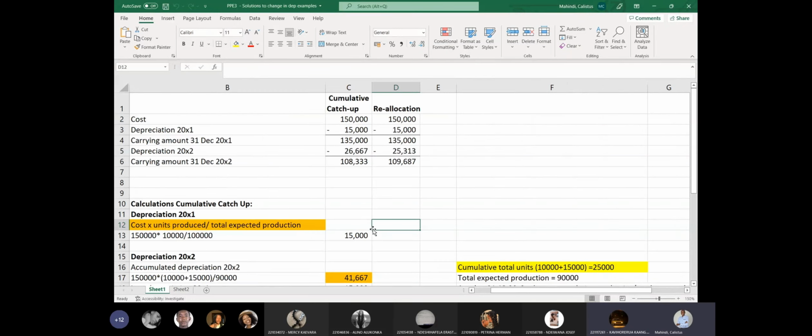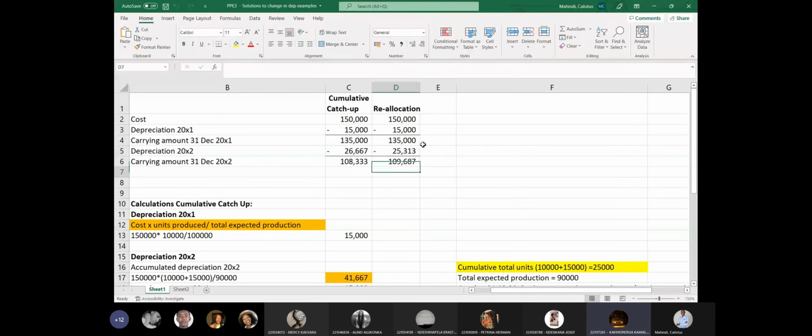Using both methods to calculate the carrying amount at the end of 31 December 20x1, we arrive at an amount of 135,000. I'm not going to go through that because when we used the cumulative catch-up method, we arrived at the exact same answer. So what we're concerned with is 20x2. How do we arrive at depreciation for 20x2 and the carrying amount for 20x2?